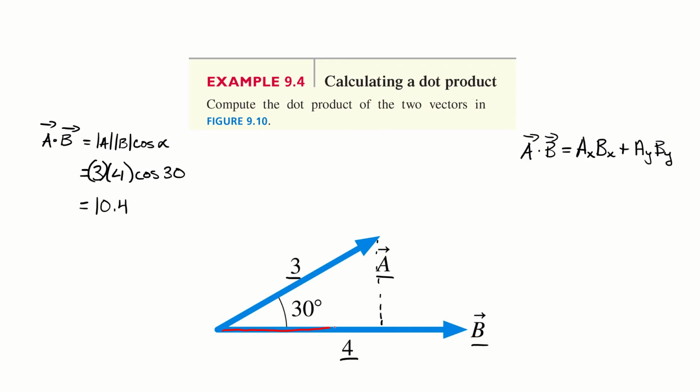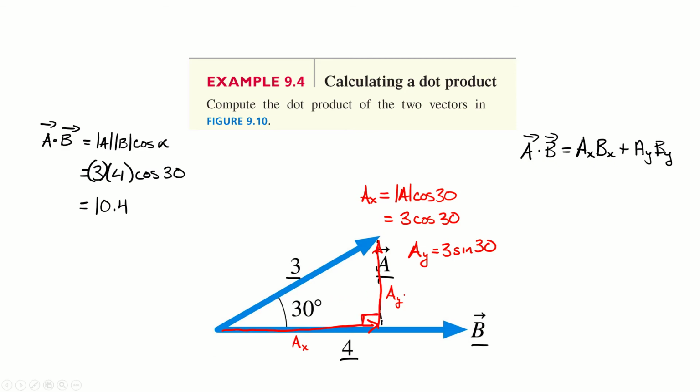AX is the component of A in the x direction and AY is in the y direction. So AX is equal to the magnitude of A times cosine of this angle, 30, and that gives us our projection. So that's 3 cosine 30. And AY is just 3 sine 30, the side opposite to that angle.